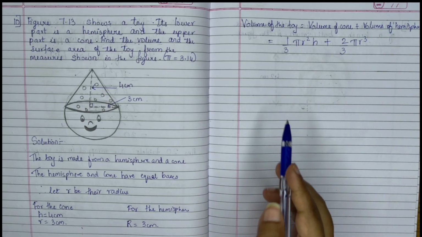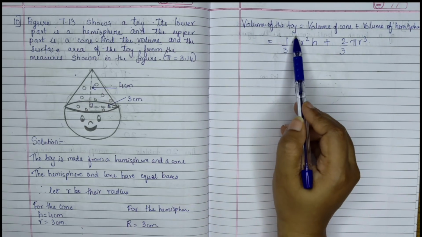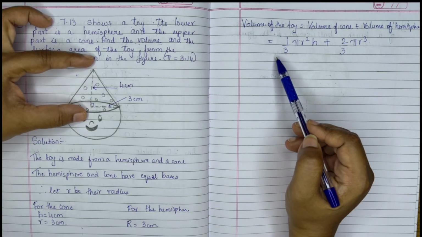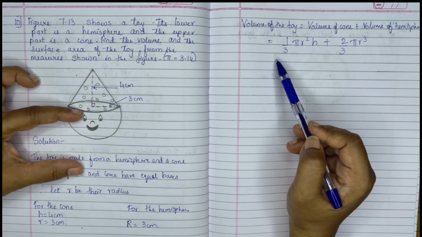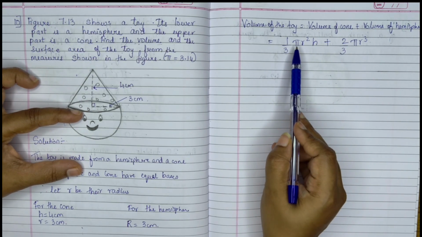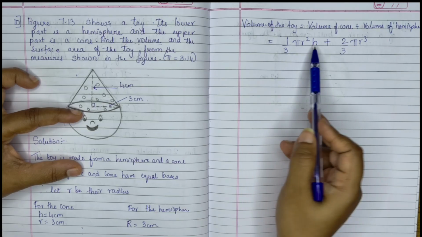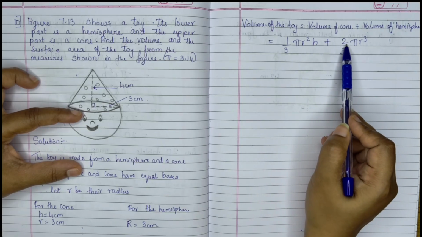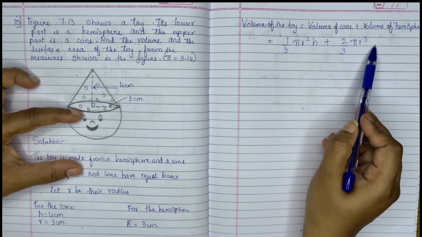So the volume of the whole toy is volume of the cone plus volume of hemisphere: 1 upon 3 pi r square h plus 2 upon 3 pi r cube.